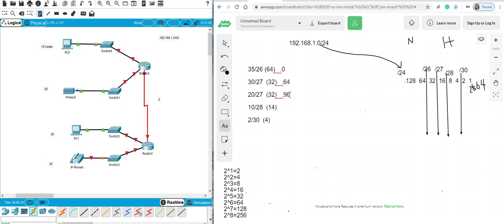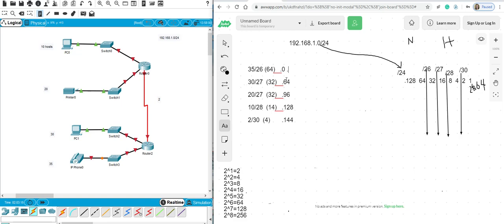So 96 and 32 gives us our 128. 128 and 14, okay, you add 128 and 14 together, it gives you, what I believe it is, 144. Okay, so these are each of our network numbers. So your broadcast number just follows one below.